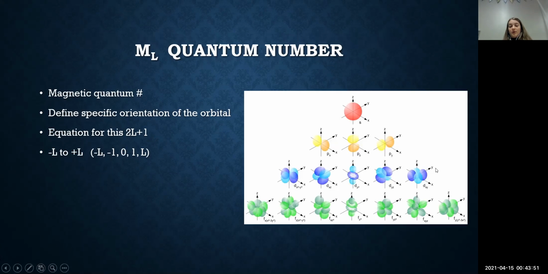And then for our f orbitals, we're going to have -3 to +3. So we're going to have -3, -2, -1, 0, 1, 2, and 3. So that's going to show us the number of orbitals or the number of orientations that we have. And this can show us some of the magnetic properties that it has.